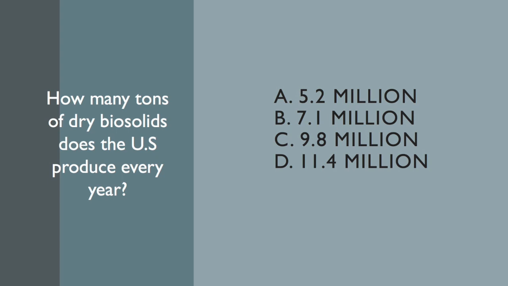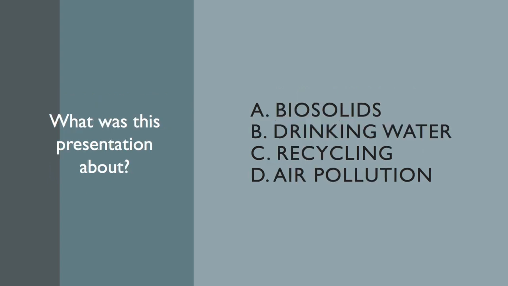A, 5.2 million, B, 7.1 million, C, 9.8 million, or D, 11.4 million? And the final question is, what was this presentation about? A, biosolids, B, drinking water, C, recycling, or D, air pollution?